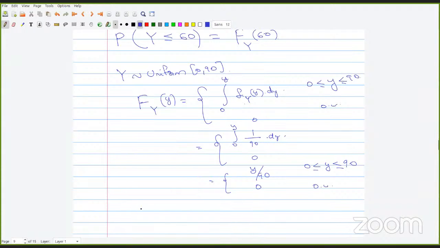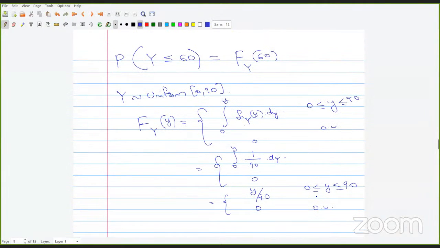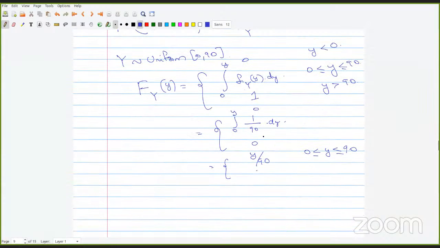Be slightly careful: 0 for y less than 0 and then 1 for y greater than 90. This is the CDF, right? So for y less than 0 it will be 0, and for y greater than 90 it will be 1.